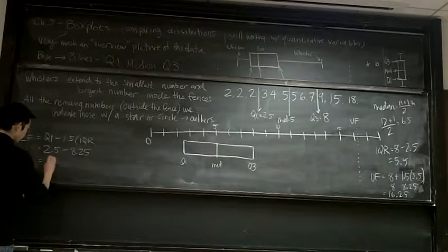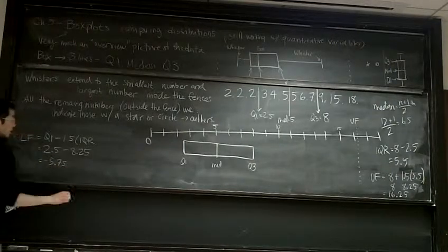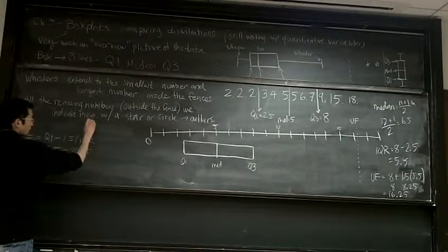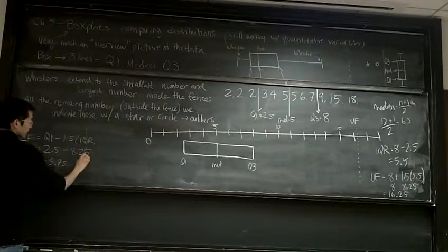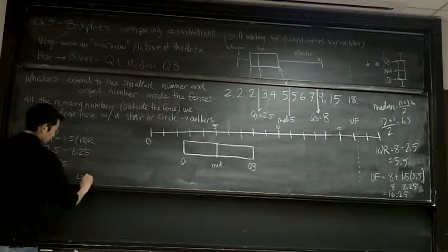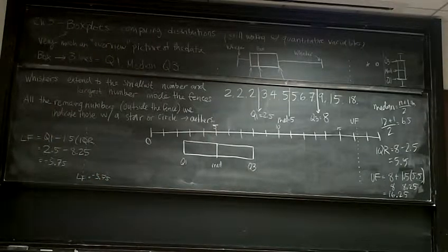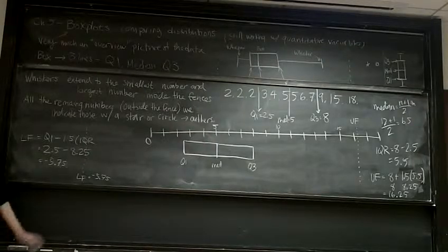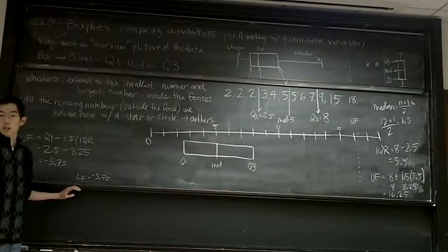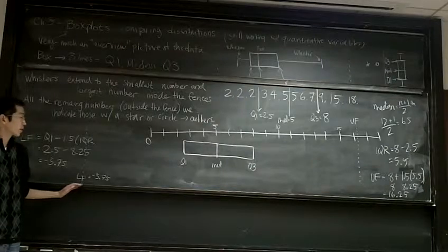Negative 5.75. Okay, so I would have to count out, and I would have a lower fence somewhere down here. Lower fence at negative 5.75. This part okay so far? The upper fence and the lower fence.